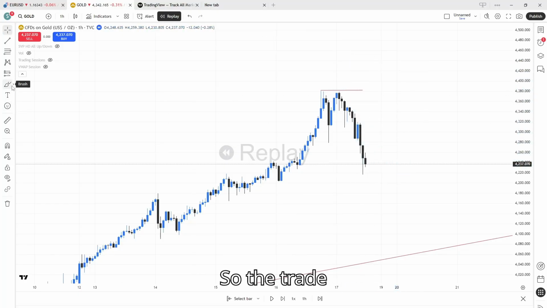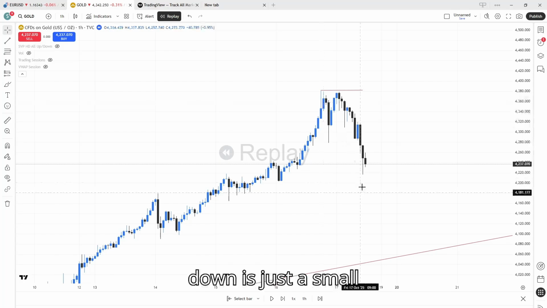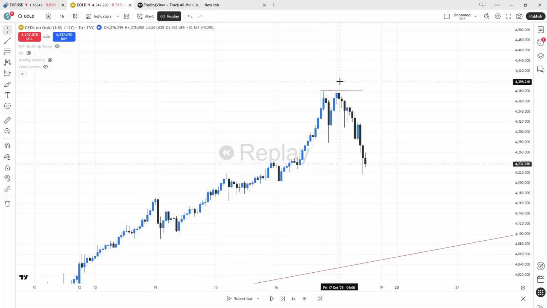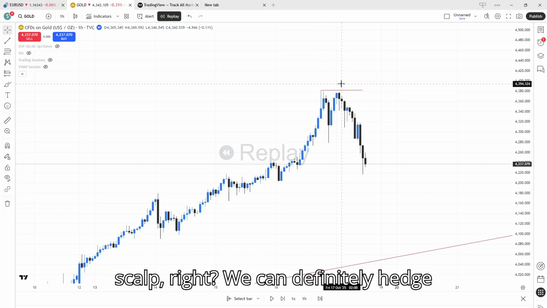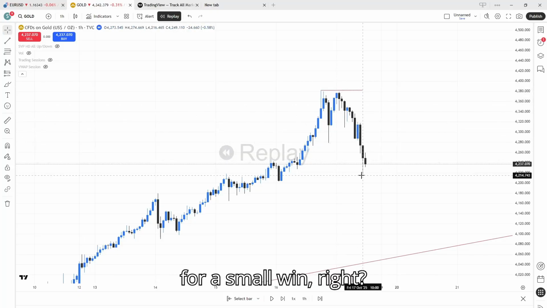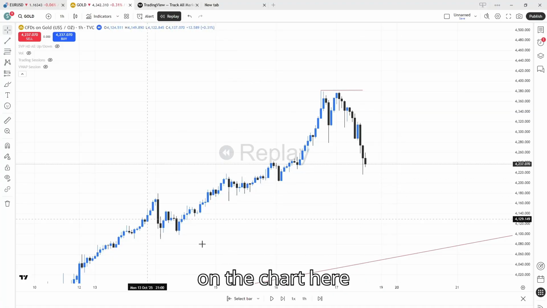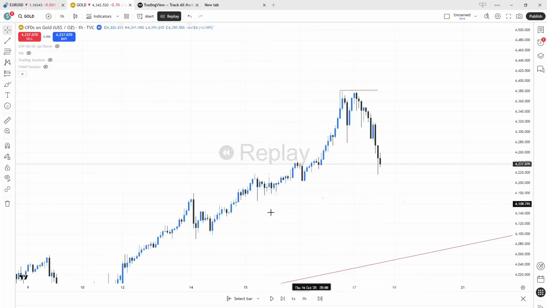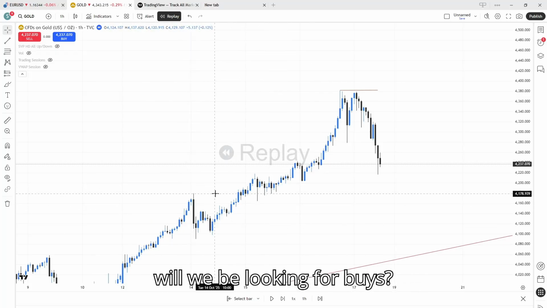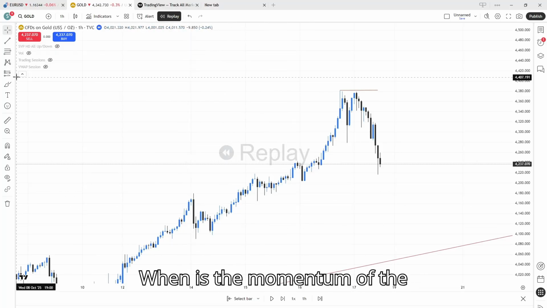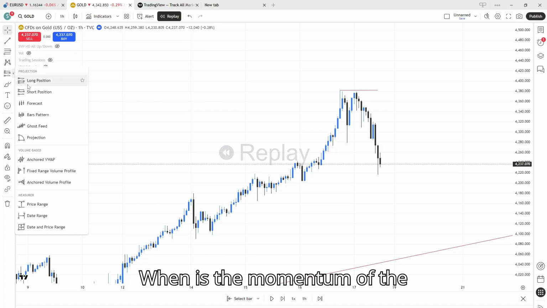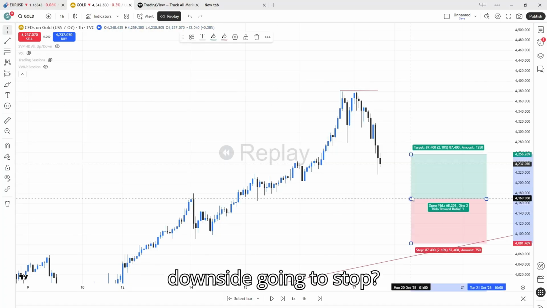So the trade down is just a small scalp, right? We can definitely hedge for a small win, right? But where on the chart here will we be looking for buys? When is the momentum of the downside going to stop?